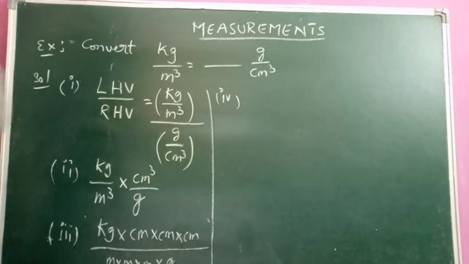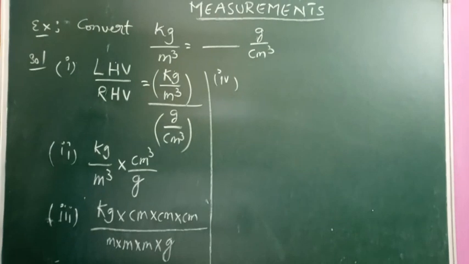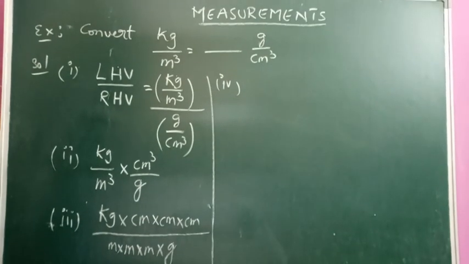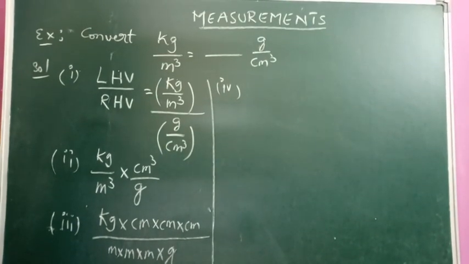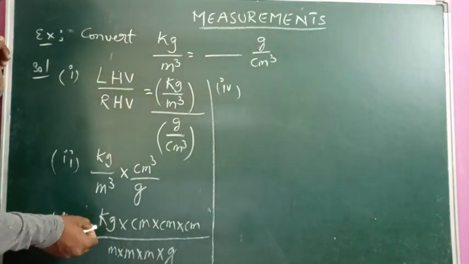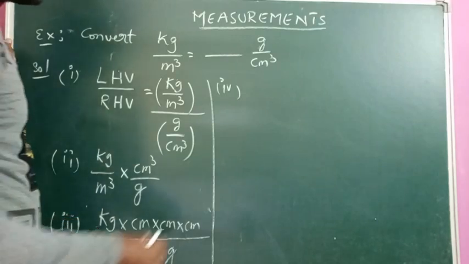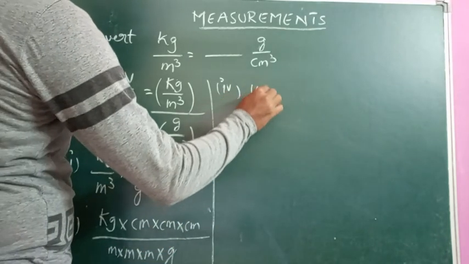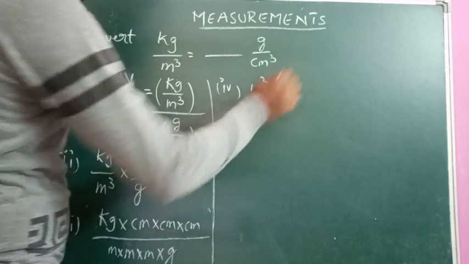Now the next step, fourth step, substituting the values. What is the value of k? K means kilo here. K means 10 power 3 gram for kg.